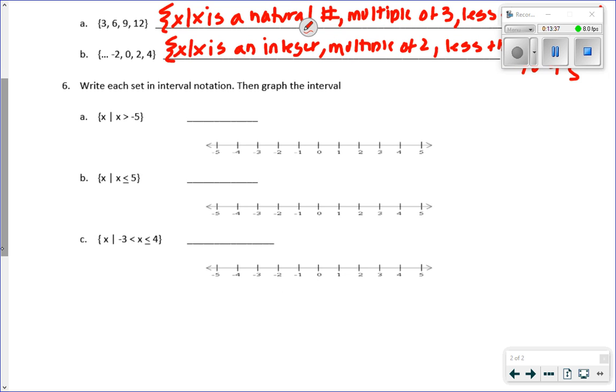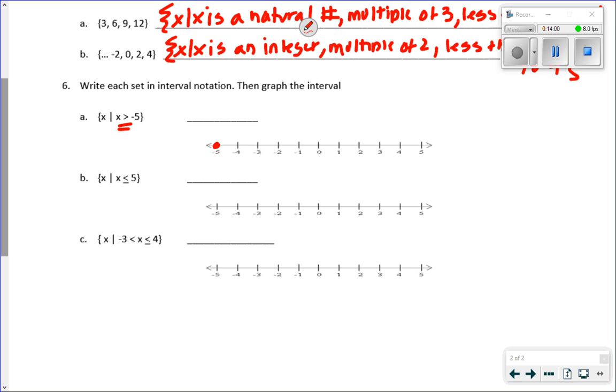Now we're going to go over what we just went over recently, with interval notation. So this says the set of all x such that x is greater than -5. So we've got our number line here. I'm going to plot my point at -5. And remember, we look at the inequality sign here. It's not equal to, so that means we're going to do a parenthesis.